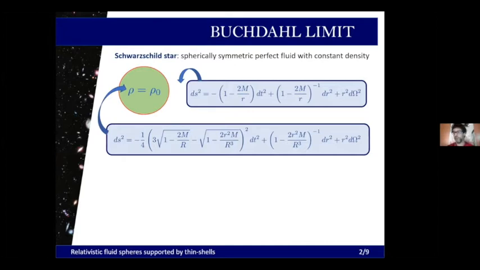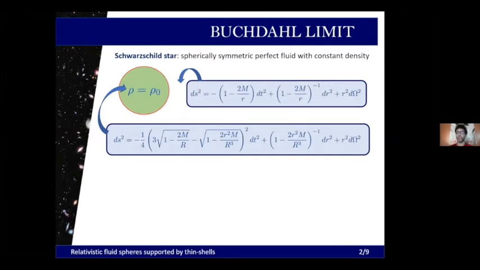the pressure will increase. And now you want this star to somehow replace black holes in your observations. So you need this star to be as compact, as small as possible in order to be indistinguishable from a black hole when this star is, for example, in the center of a galaxy. The problem is that, and this is called the Buchdahl theorem, you cannot have a star like this with a size arbitrarily close to the size of a black hole.